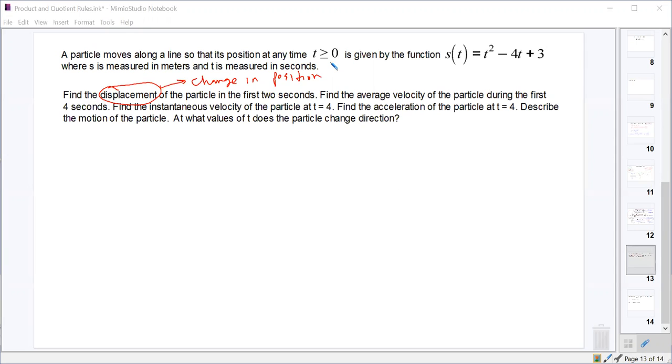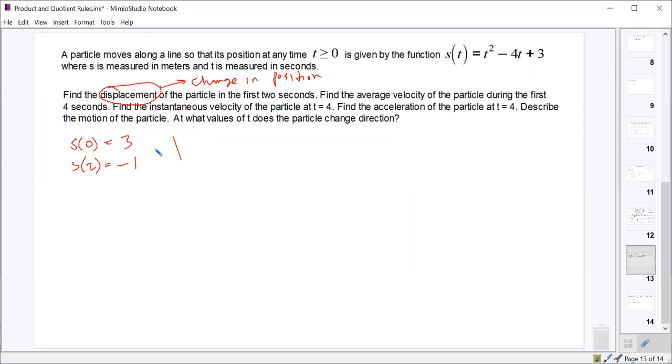In order to figure out the change in position, we need to know two things. First off, where did it start? So what's S of 0? 3. And what's S of 2? Where does it end up? -1.